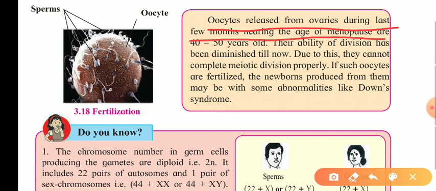Their ability of division has diminished. It means as the age increases in women, the ability of cell division of the oocyte is diminishing. It's reducing, so due to this they cannot complete meiotic division properly. So meiotic division will not be proper, and in old age, if women give birth to newborns, there are chances of a syndrome called Down's syndrome.